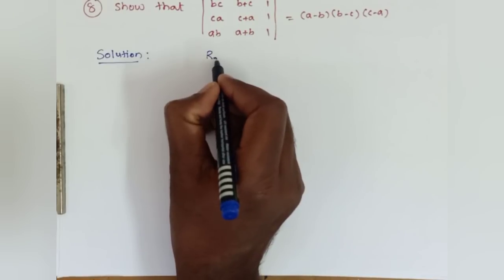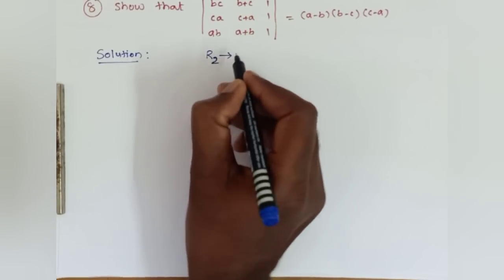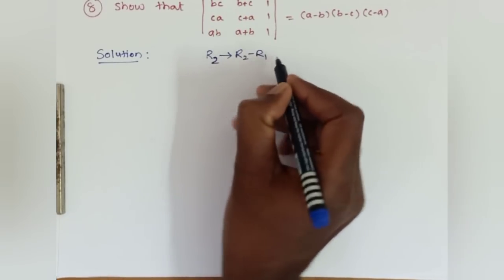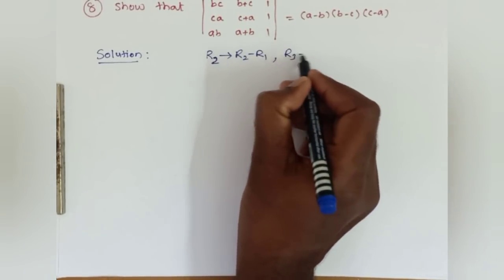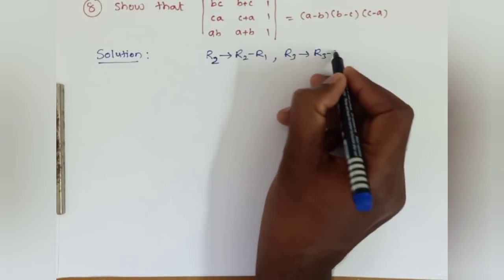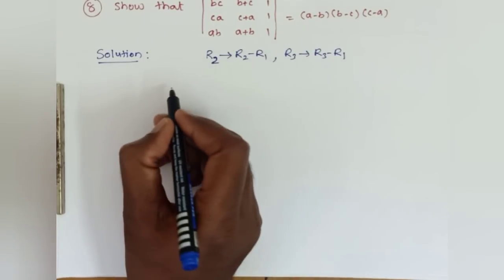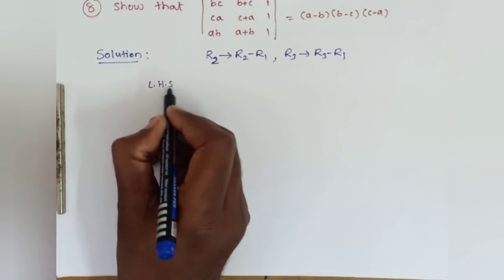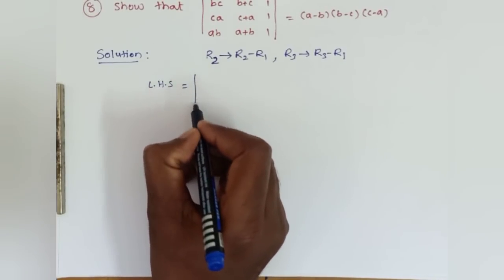So for the LHS part, I am applying these two row operations, R2 changing to R2 minus R1, and R3 minus R1.